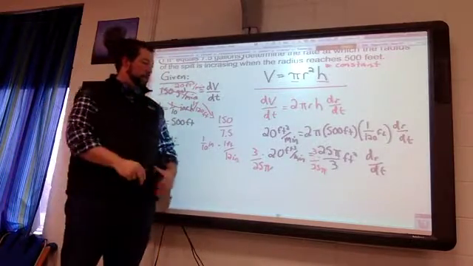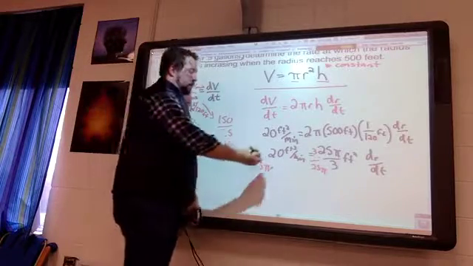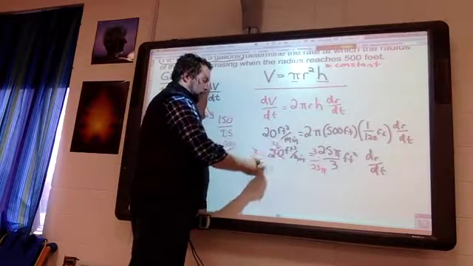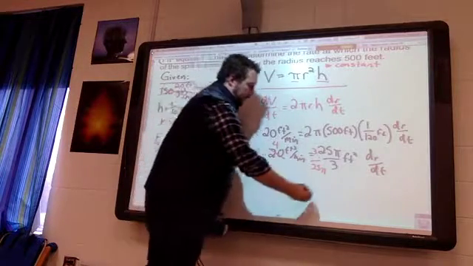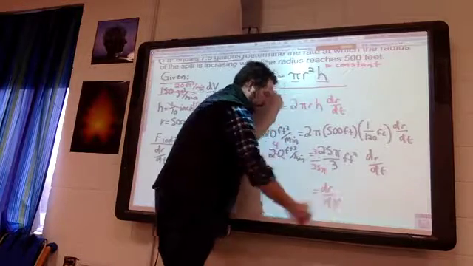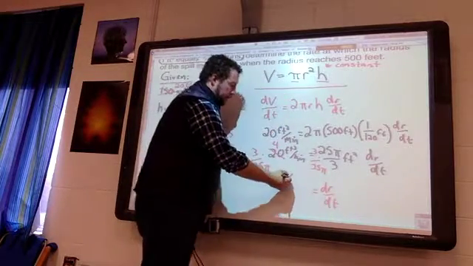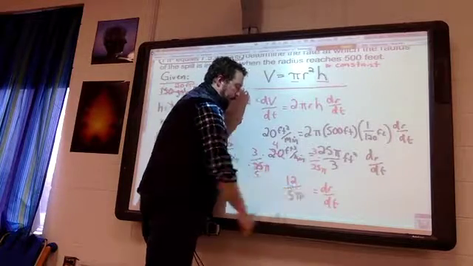What will go into 20 and 25? 5, making the 20 a 4, making this a 5. So our dr/dt exactly is 12 over 5 pi.